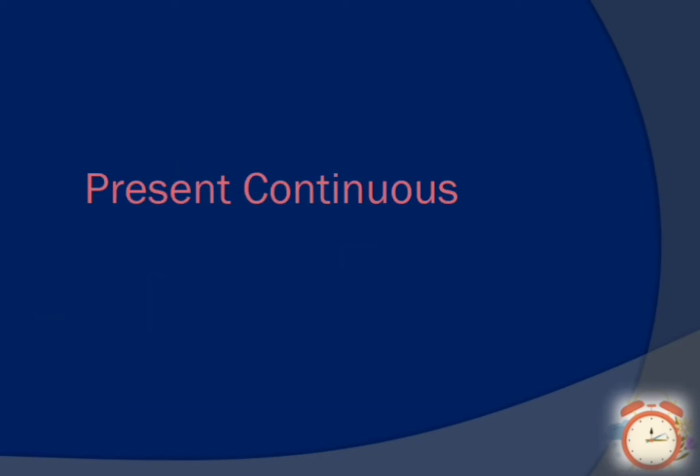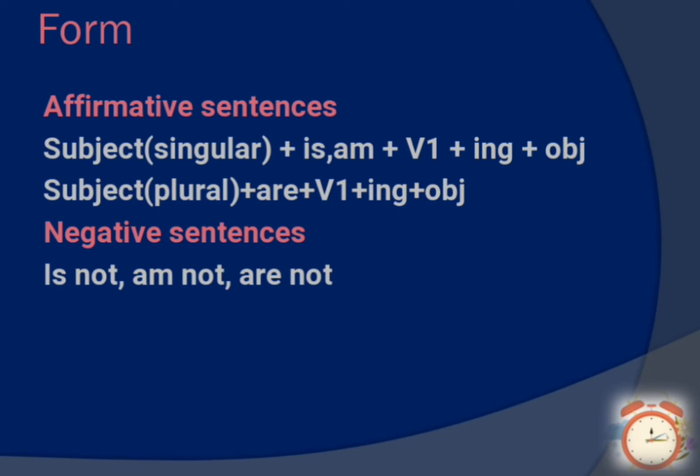Present continuous tense. For the formation of present continuous for the affirmative sentences, singular subject, the use of auxiliary is and am. First form of the verb with ing structure and then object if there is any.